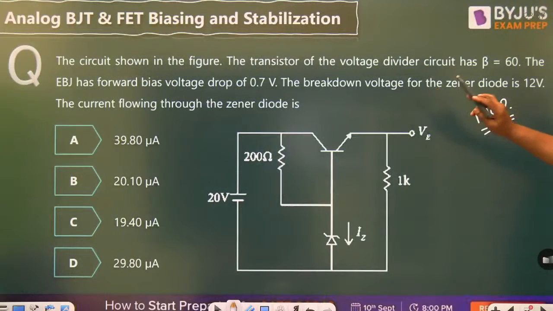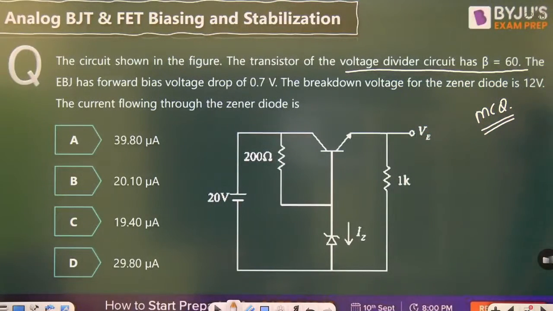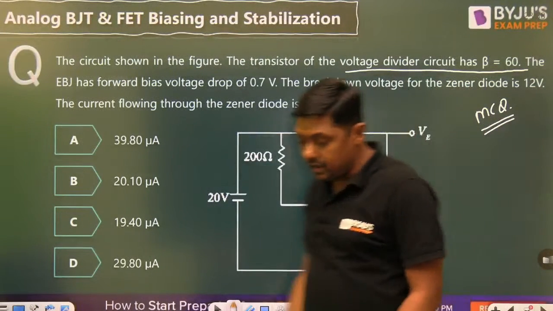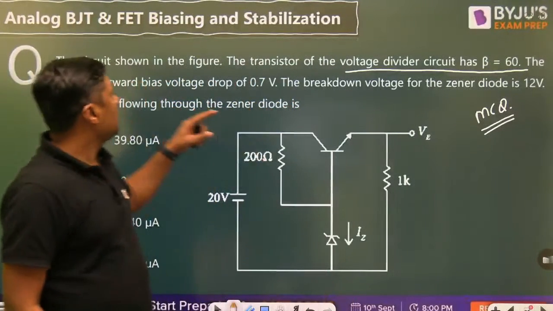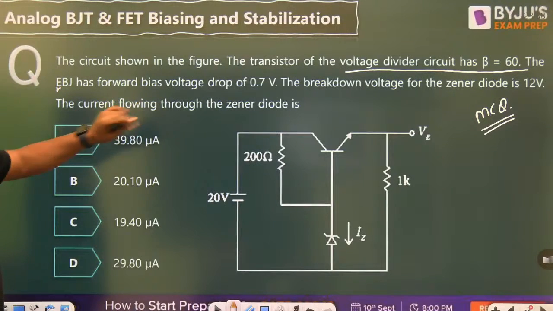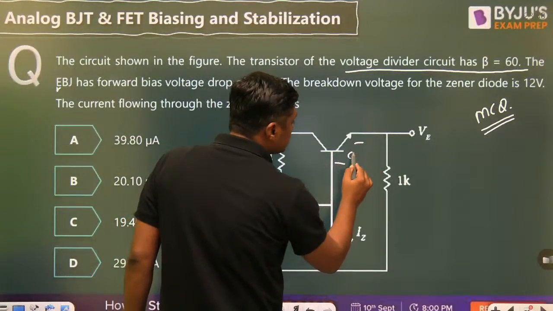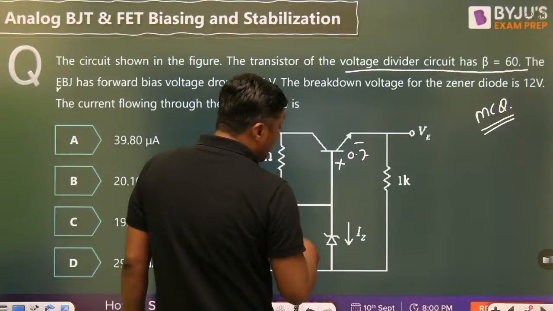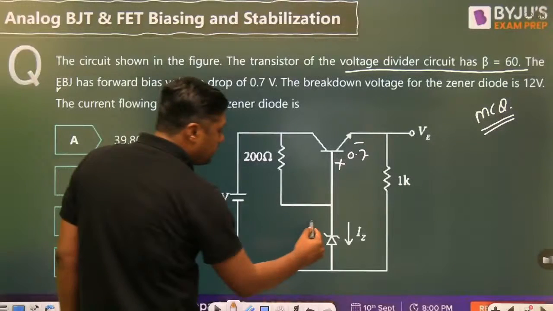The circuit shown in the figure, the transistor of the voltage divider circuit has beta equal to 60. The BJT emitter base junction has a forward bias voltage drop of 0.7 volt. And the Zener voltage VZ is 12 volt. The Zener diode is in breakdown, which means it is 12 volt.